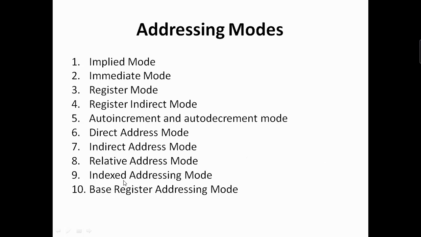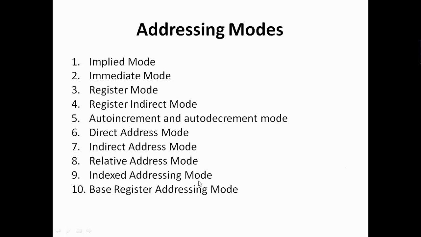Ninth is indexed addressing mode. This addressing mode is used for purposes like, for example, we have an array. An array may be of length 10, for example. The starting point is fixed, and then we may get an index to the next positions.